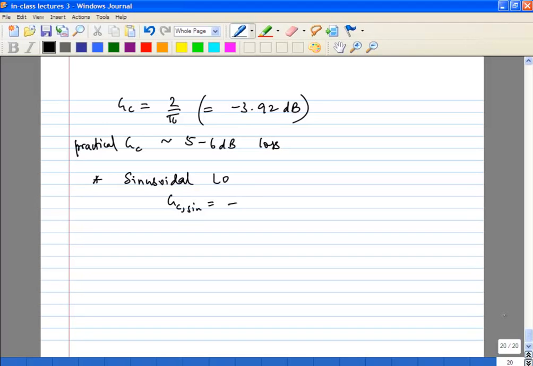Approximately pi by 4, which happens to be minus 2.1 dB. Okay, you can refer to Thomas Lee's textbook. Okay.